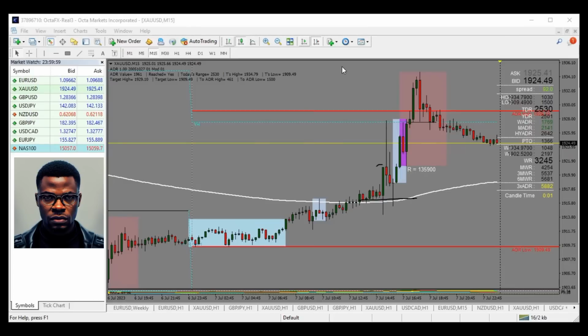I don't know for sure, but from a bit of experience, I know it. So I waited for a candle to close above this high, and I got that candle right here, and I stacked in extra positions there. I think I entered another 0.1. Then the market pulled up and I didn't enter any position, and all of a sudden, the market pulled back down.